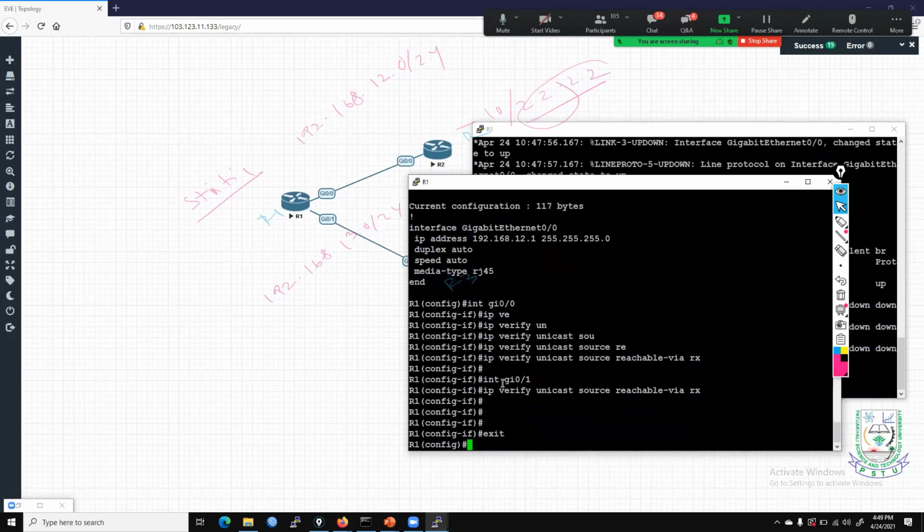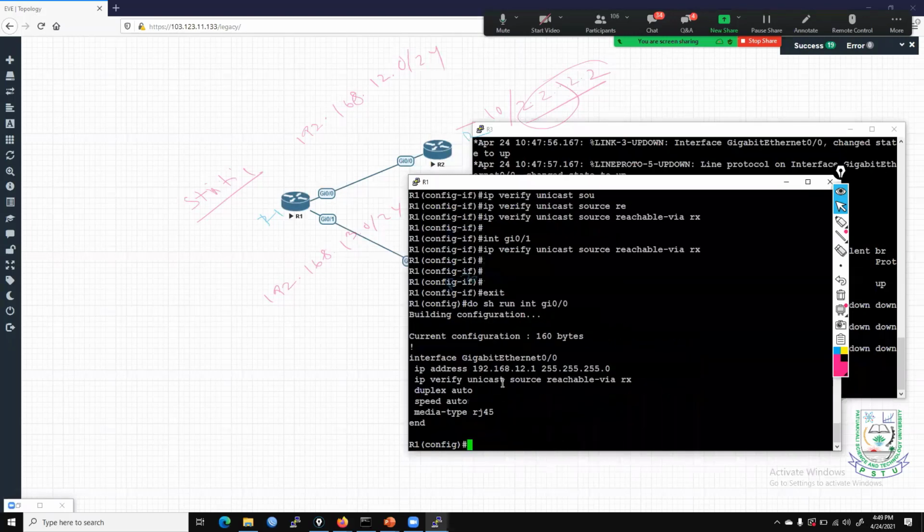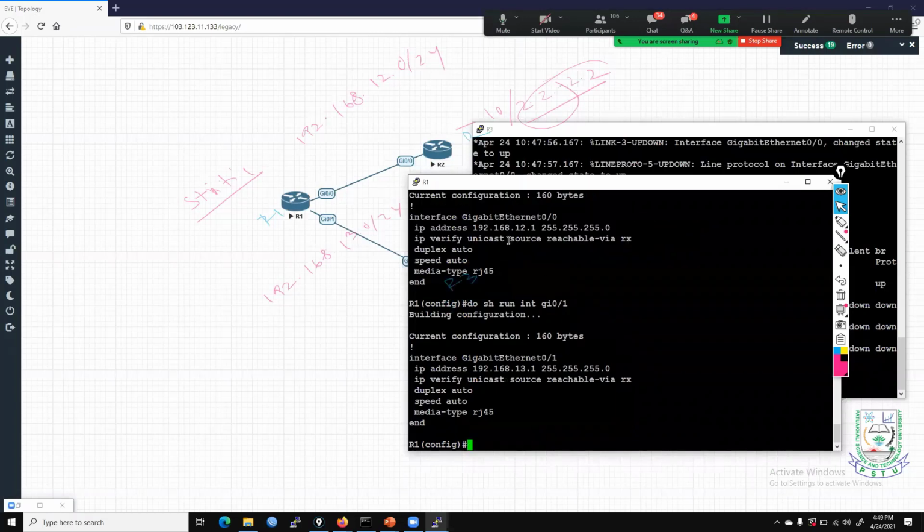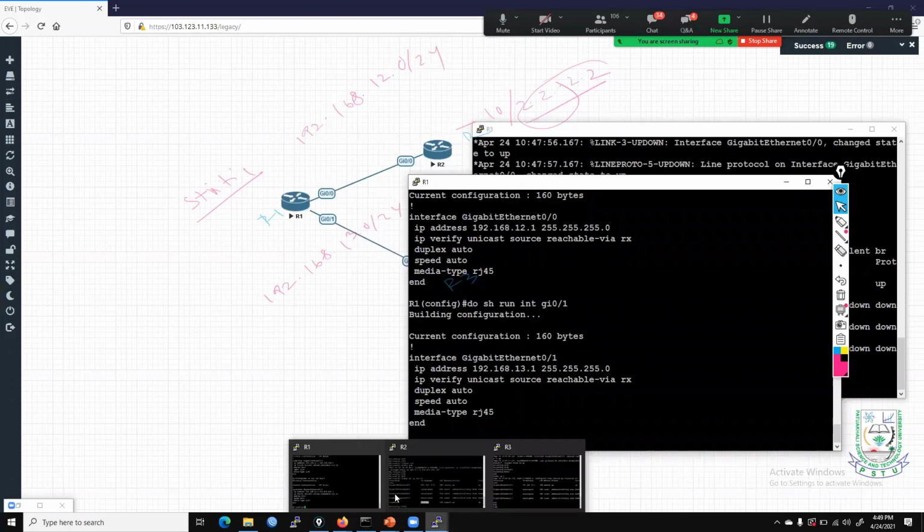If we check the current configuration of gig 0/0, you see the one parameter is set on gig 0/0, also on gig 0/1.